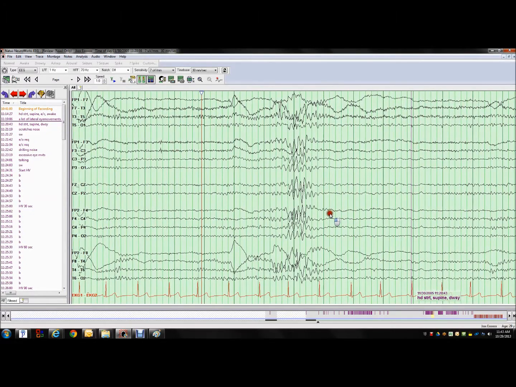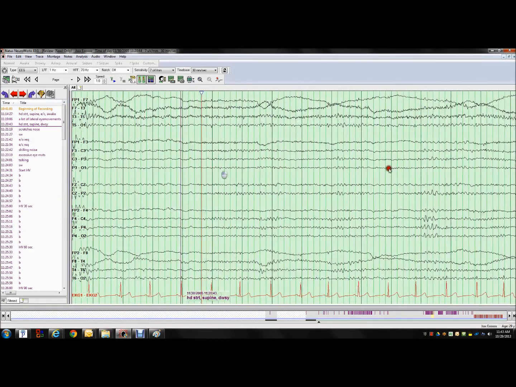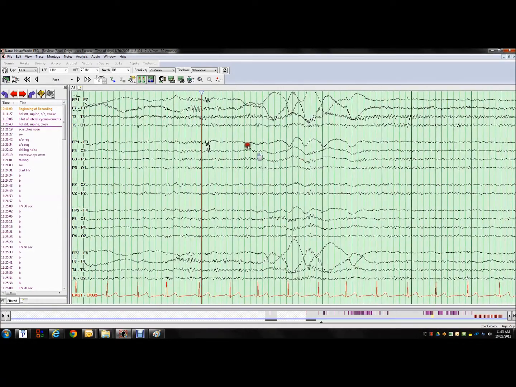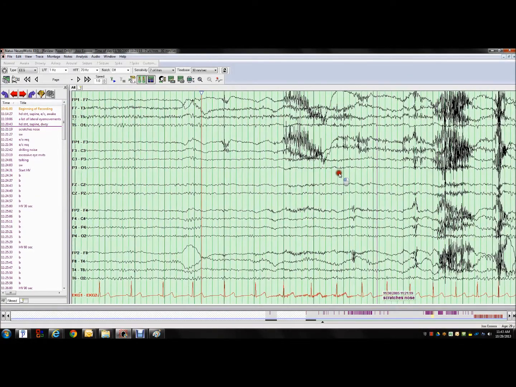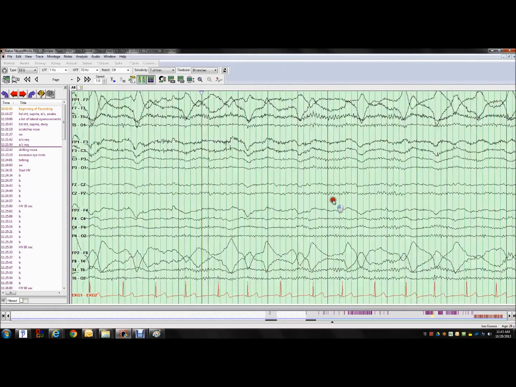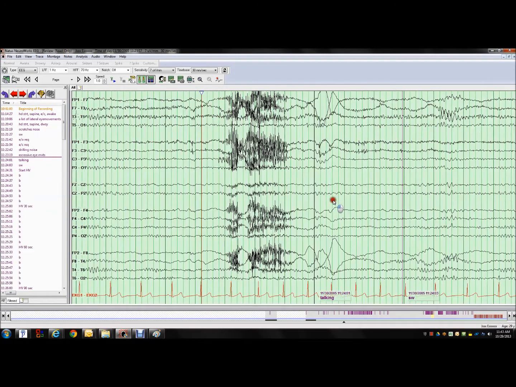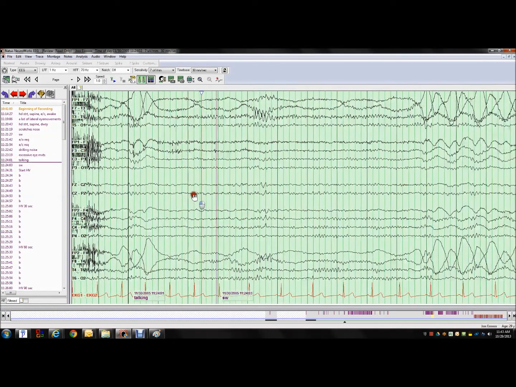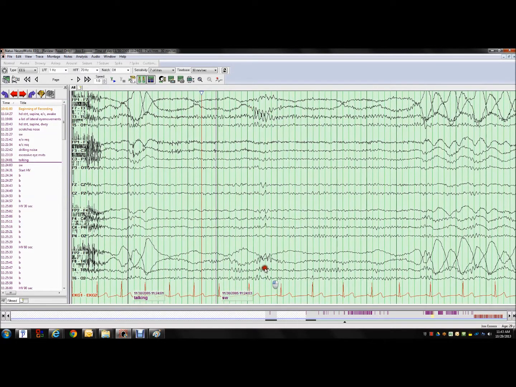Epileptiform, hard to say, probably not, but definitely we had wickets, which again are a normal variant, and I want to certainly press that you will see these fairly frequently on your EEGs. And think about it, when you see these runs come, and sometimes, like I said, they're independent on the left and the right, or they happen at the same time.